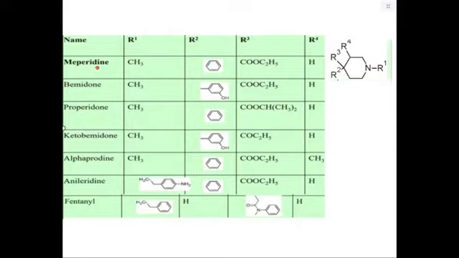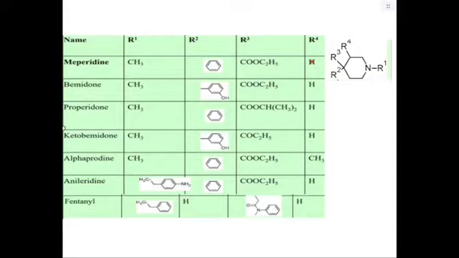So we are saying that meperidine is our prototype in the 4-phenylpiperidines. Meperidine, or pethidine. This is also the drug we call pethidine, a very popular drug, especially in labor ward for analgesic activity. It has lesser potency than morphine and therefore lesser toxicity. And you can see our methyl group there, that one, R1, that's a methyl group. And then R2, as we have said here, a phenyl group.